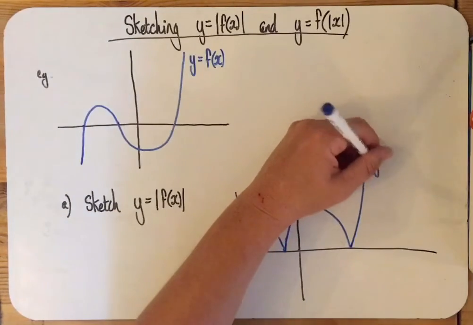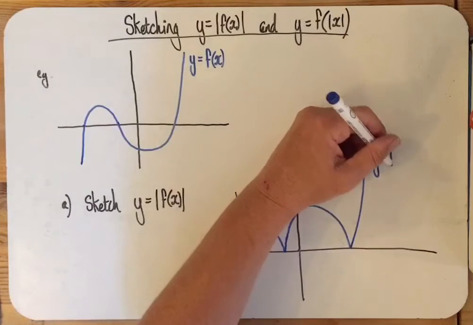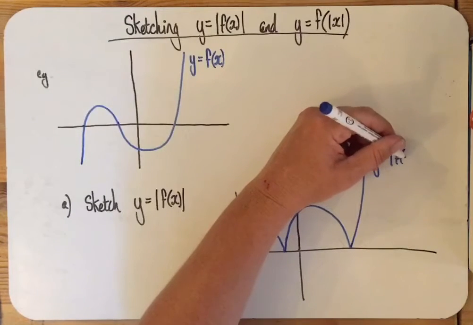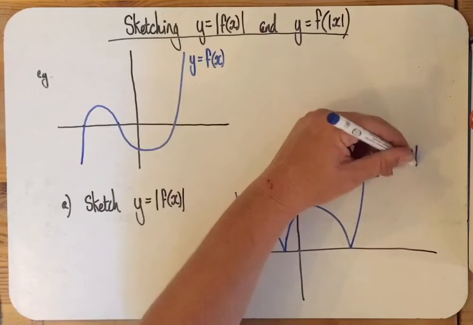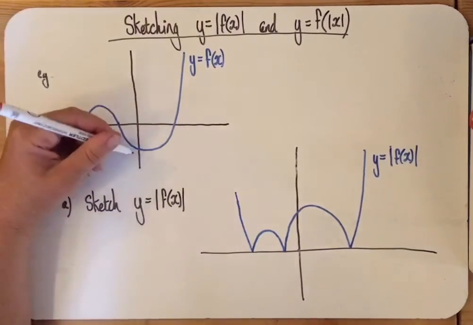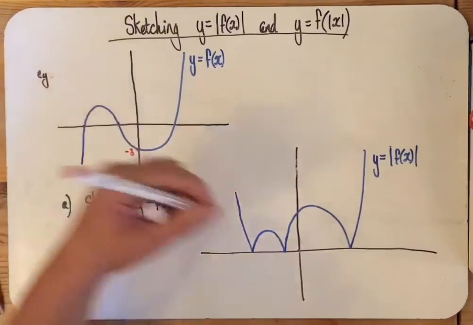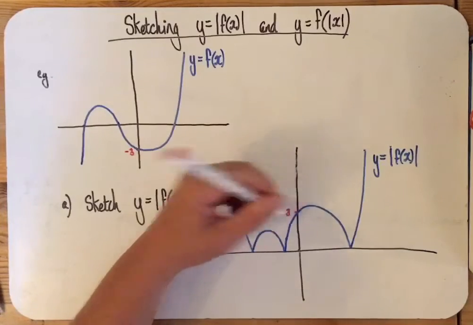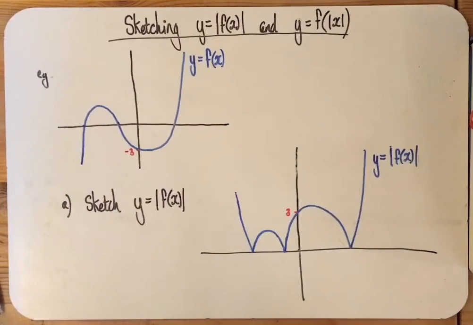So that is y equals the modulus of f of x. So, for instance, if your y-axis intercept is -3, when it gets reflected up, it becomes 3. So everything comes up.